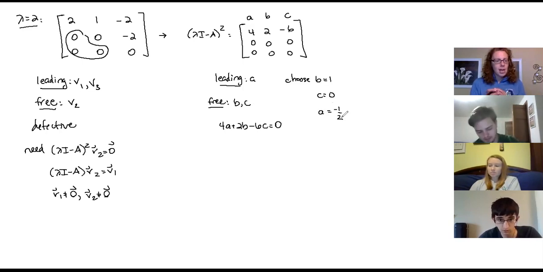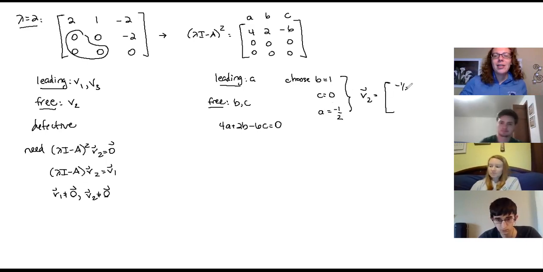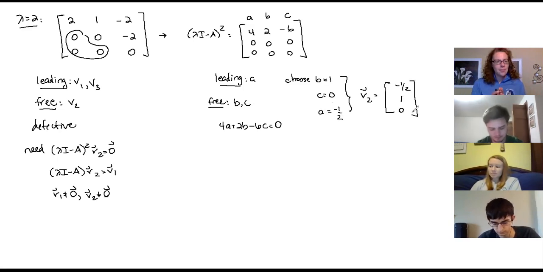What this tells me is that V2 is equal to the vector -1/2, 1, 0. Do we see that? So far, so good? Okay, that was step number 1.